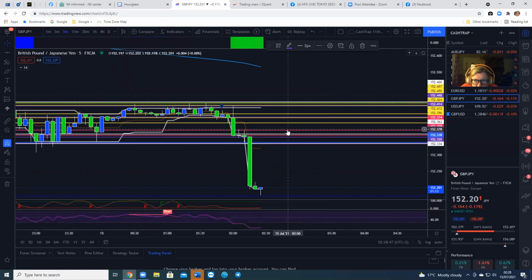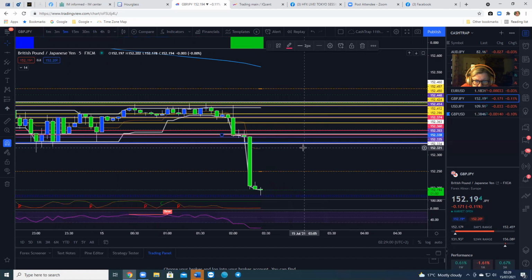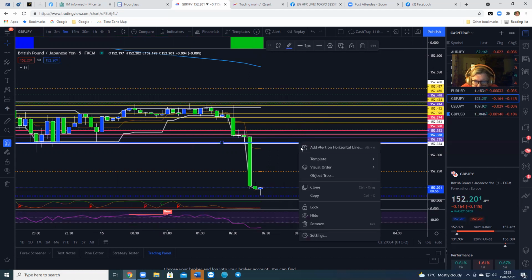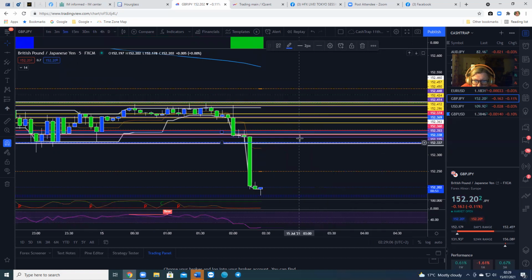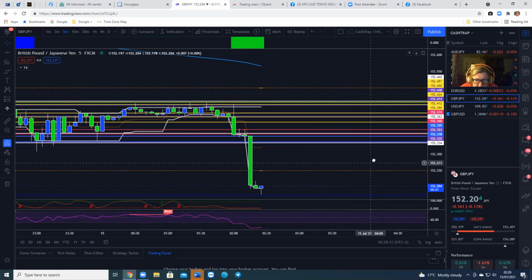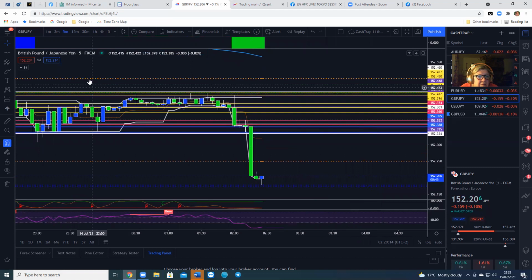And then on the 5-minute, that'll be that level there. That level there. And the blue's the same. There we are.